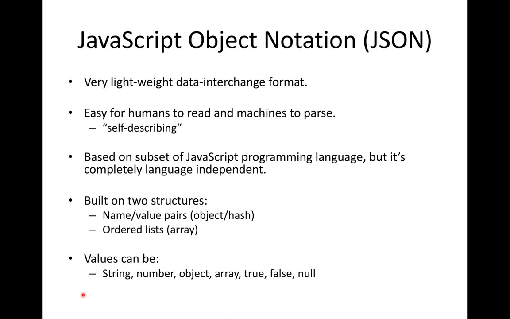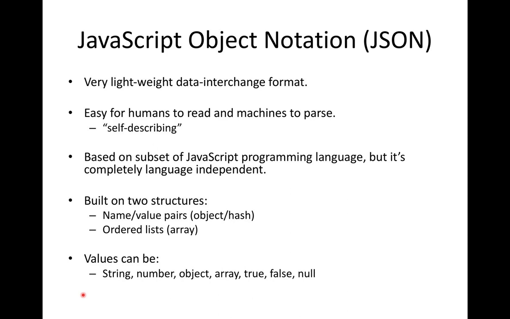JSON is relatively easy for us humans to read, and it's very easy for machines and applications to parse. It's a format which we call self-describing, in the sense that the format itself just describes the object. And it's based on a subset of the JavaScript programming language.